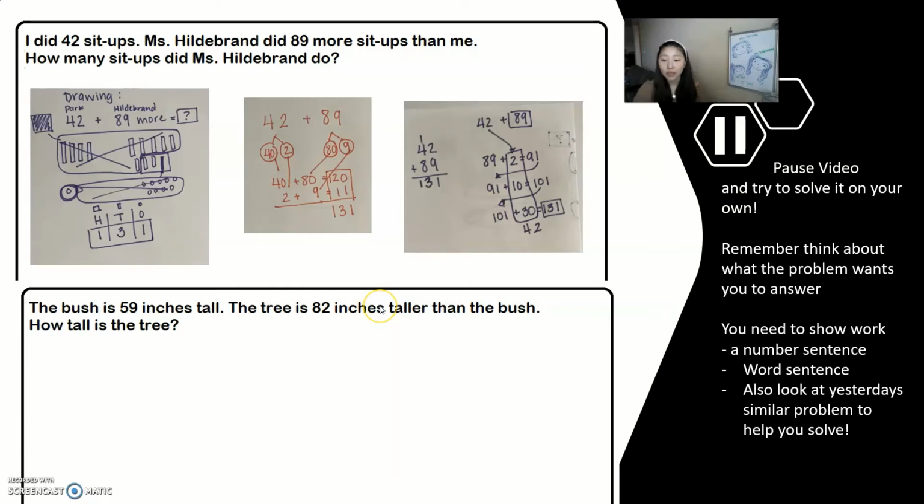So you need to make sure you have a number sentence, a word sentence. Try it out in one of these ways, and then you can try it out any way you prefer other than that, and look back at yesterday's problem so that you can see, oh, that's something similar that I can do from yesterday. I'll see you in a little bit with my 3 different ways.